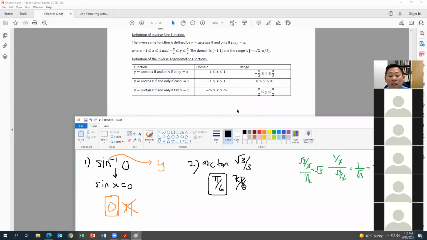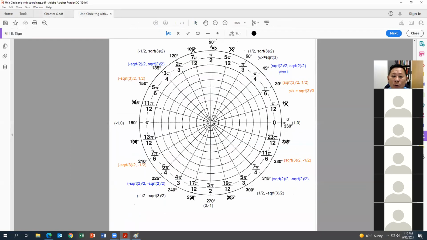In other words, for sine and cosine, you only do quadrant 1 and quadrant 4. So when you do the arctangent or inverse tangent or inverse sine, you only take your angles from quadrant 1 and quadrant 4. And in quadrant 4, we don't take these numbers, we do the negative, which means this will be negative pi over 6, this will be negative pi over 4, and this will be negative pi over 3.